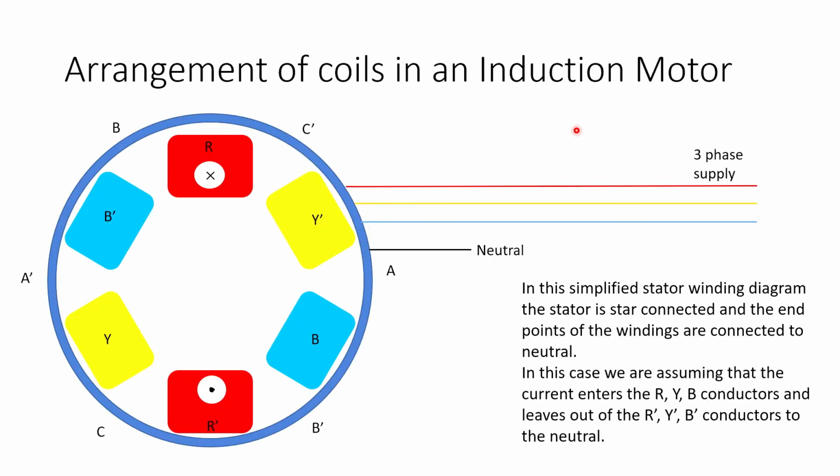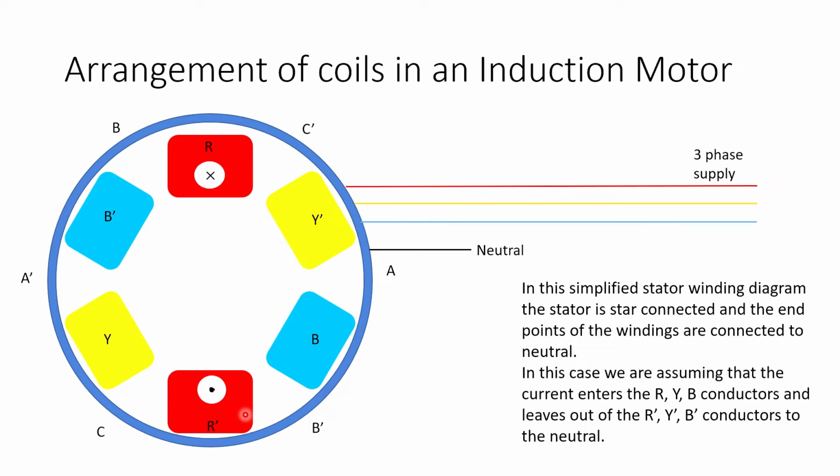Coming to the second point, which says that to produce a three-phase rotating magnetic field, we need the spatial distribution of windings. In an induction motor, if we look at a stator, in this example we consider a single turn coil of R, Y, and B, where R is the conductor in which the current is going in, and R dash is the conductor in which the current is coming out.